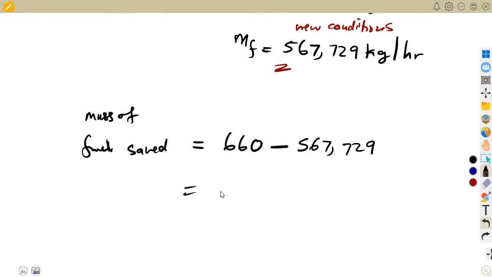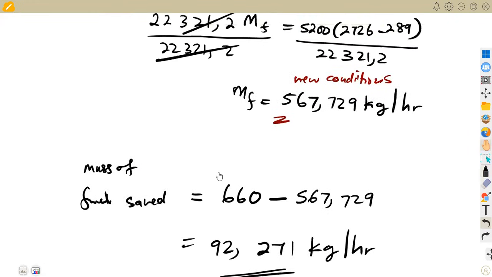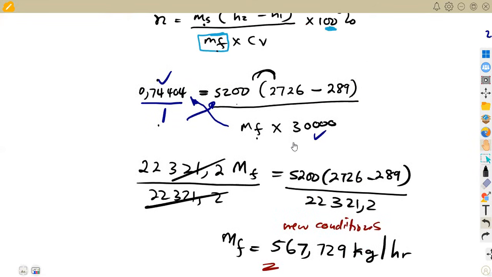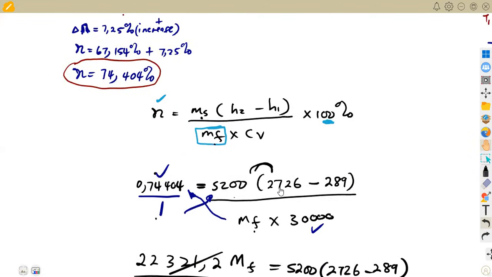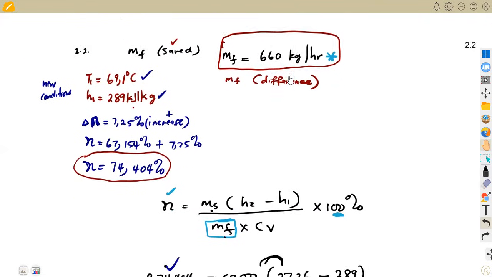So this is going to give us 92.271 kilograms per hour. So that is the mass of fuel saved from these conditions. We are obtaining the mass of fuel that is being saved. So guys, be careful when you are calculating, and play around with the information the way it is given.